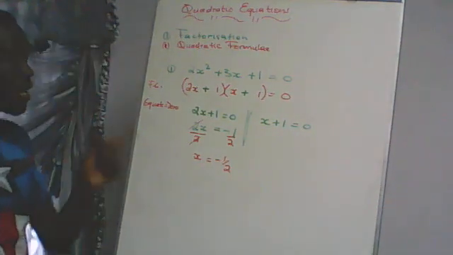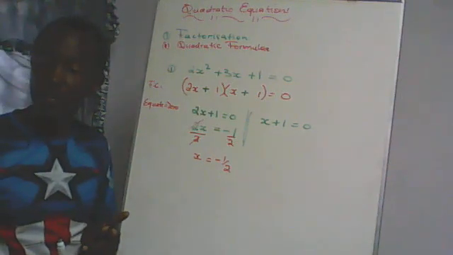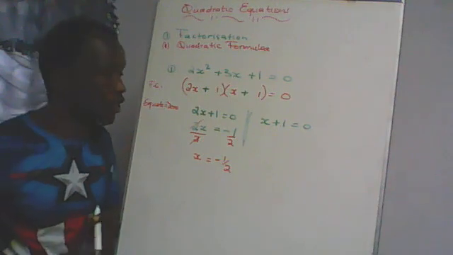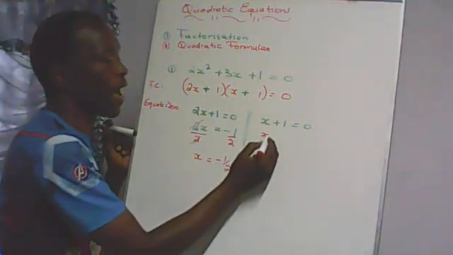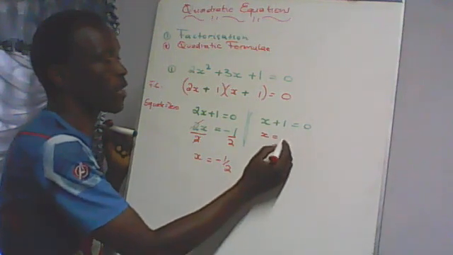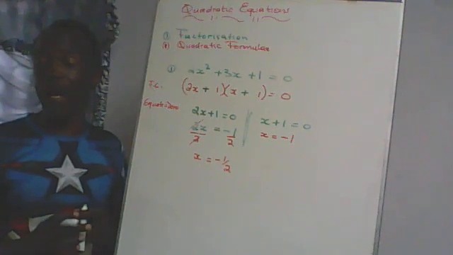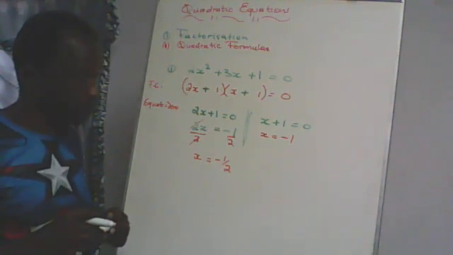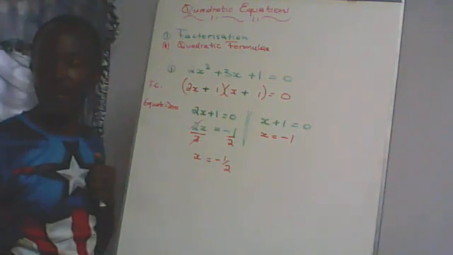So this is how to find the solution of quadratic equations by means of factorization. On the other hand, x will be equal to, we transpose that to that side, it changes its sign. Then it will be -1.